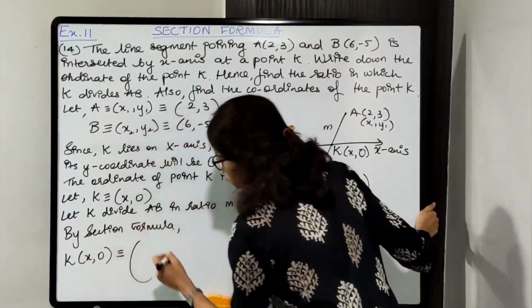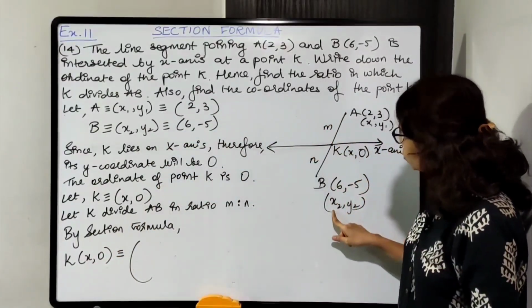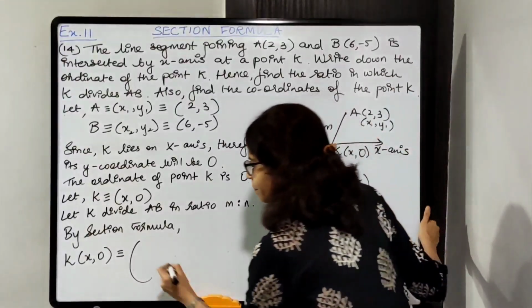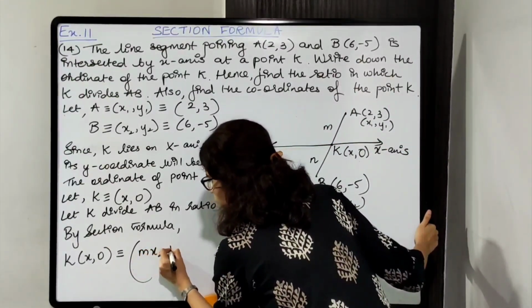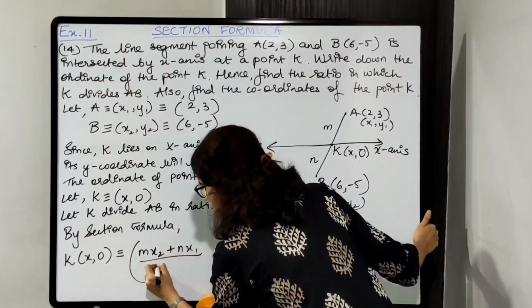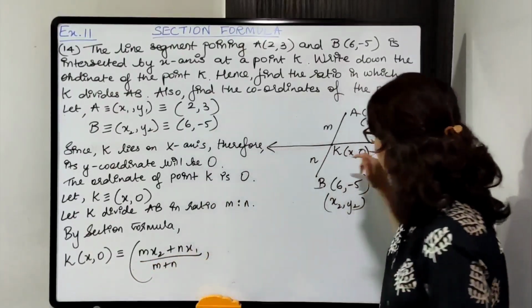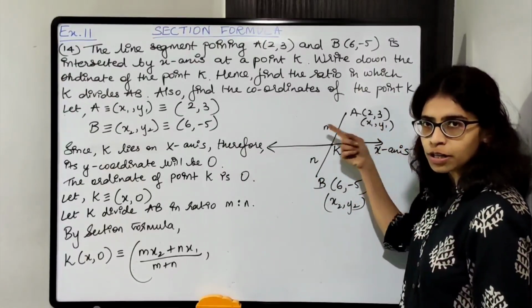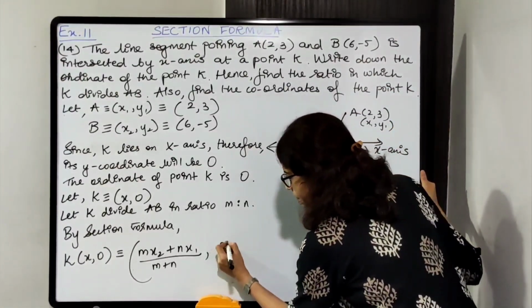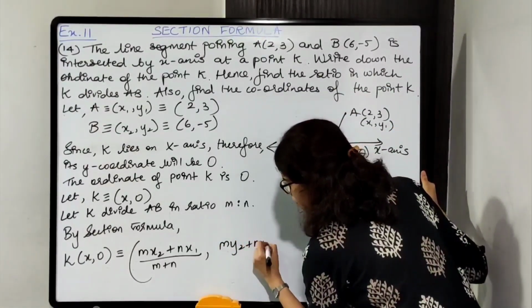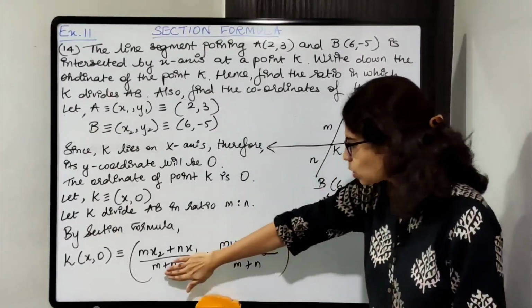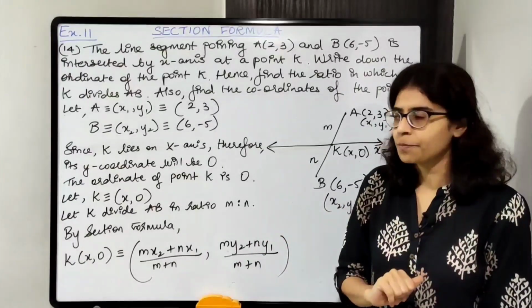क्या होगा? mx2 plus nx1 upon m plus n, क्रिस क्रॉस करना है सिर्फ, my2 plus ny1 upon m plus n. ये x coordinate, ये y coordinate.